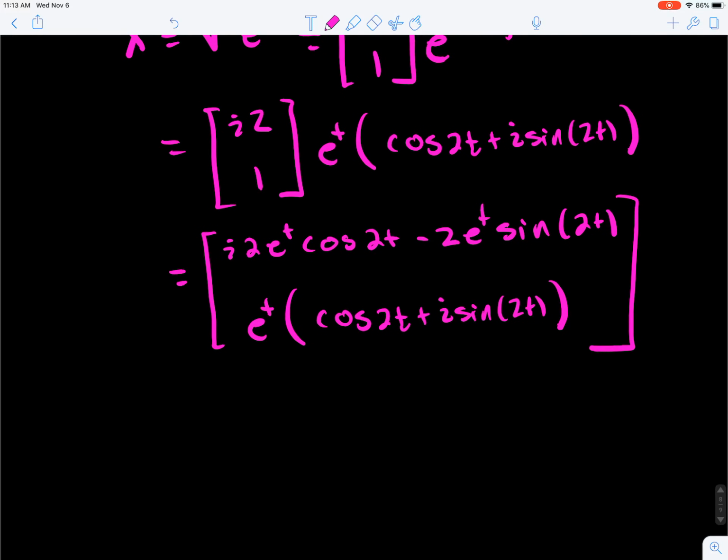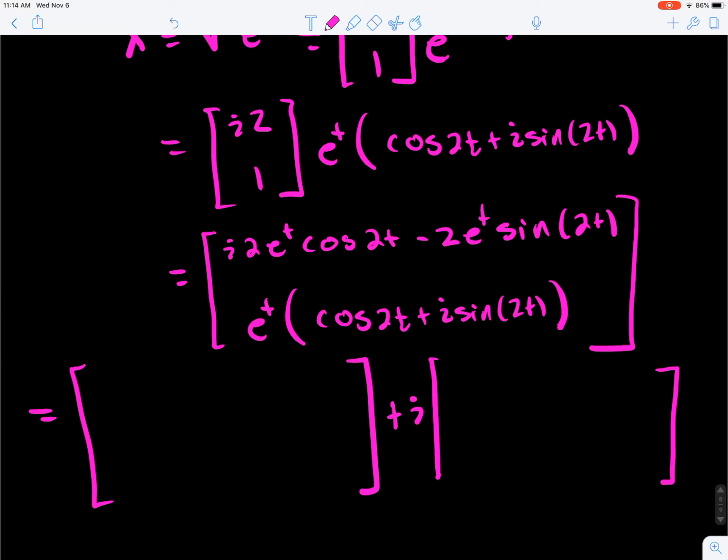Awesome. So now we want to separate this vector into two vectors. And in the entries of each one of these vectors, you don't want anything that is imaginary. You only want real parts. The only imaginary thing is going to be this i right there.